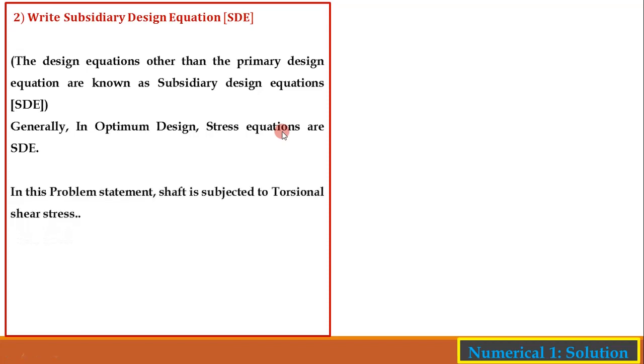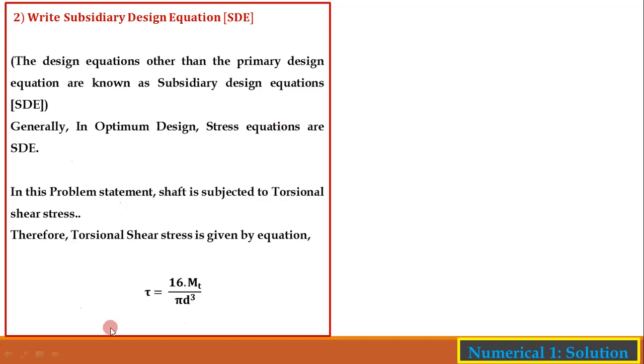In this problem statement, the shaft is subjected to torsional shear stress, so we write the equation of torsional shear stress as the SDE, and that equation is given by tau is equal to 16 MT upon pi d cube. This equation of torsional shear stress indicates the SDE, that is, the subsidiary design equation.